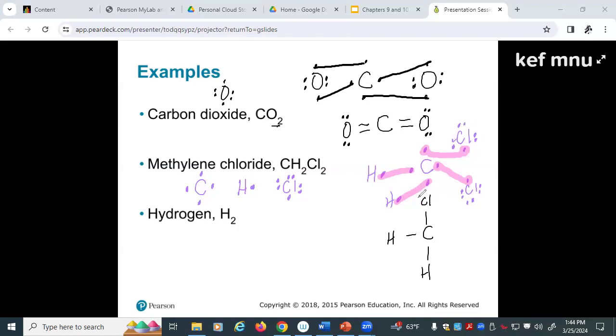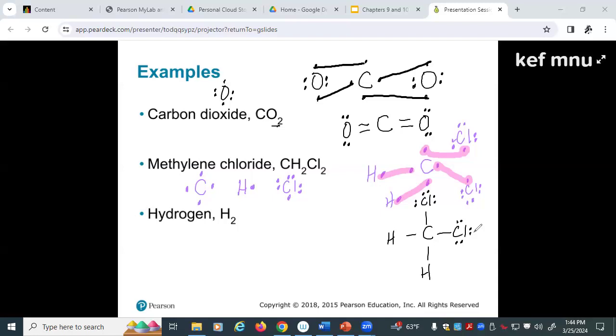This chlorine still has 6 dots around it. Single bond to this chlorine. This chlorine still has 6 dots around it. So I've paired up all of my dots.